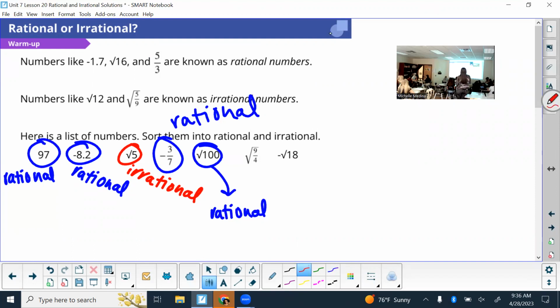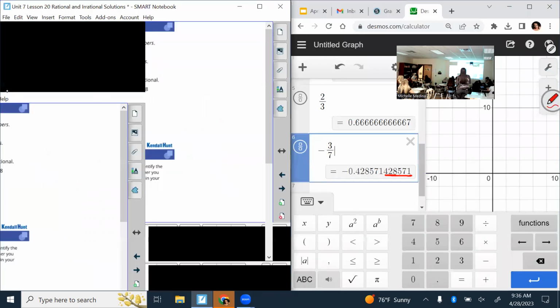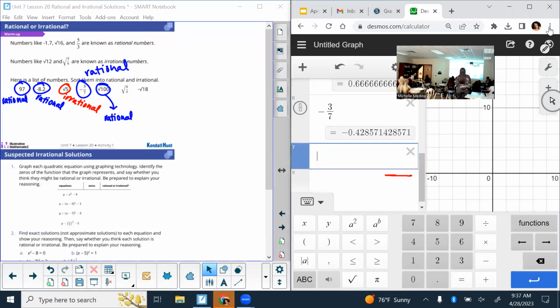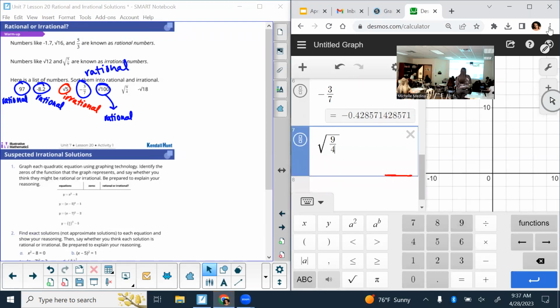Irrational with an I. So let's see. I know that the fraction itself is a perfect square, so let's see. Yeah, so since that's a decimal that ends, so I'm not sure how you entered it in your calculator. But since it is a decimal that ends, it is rational.